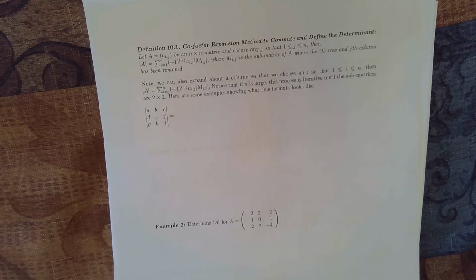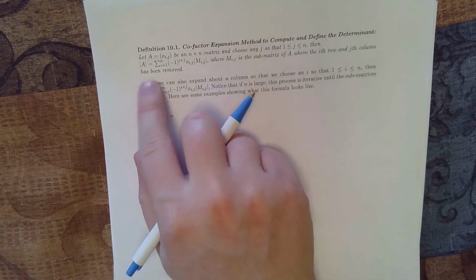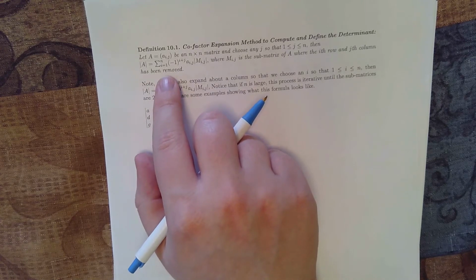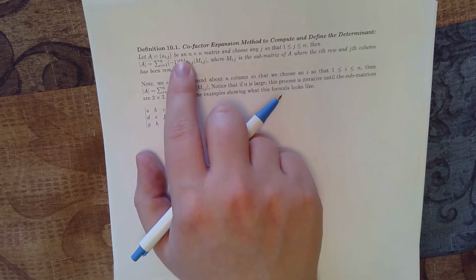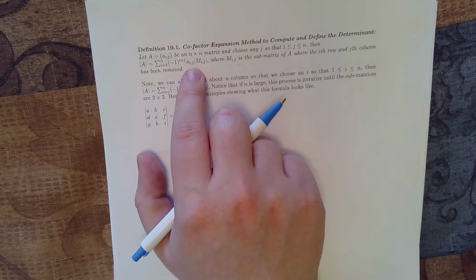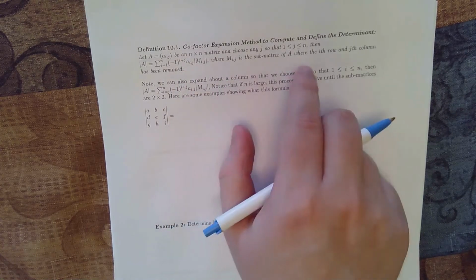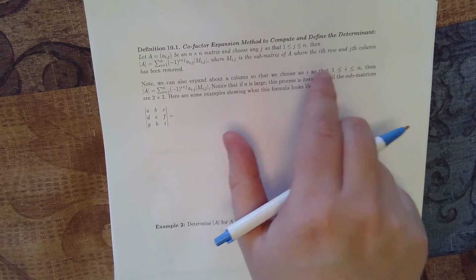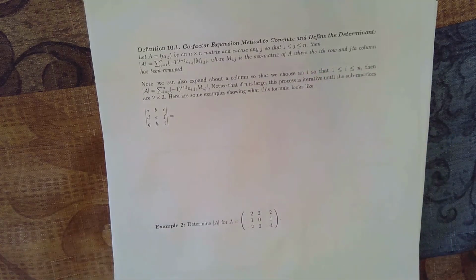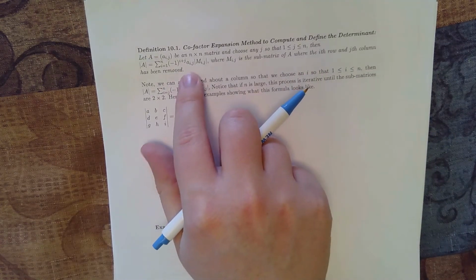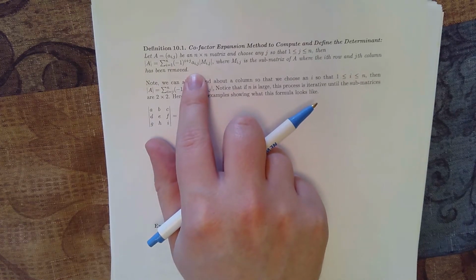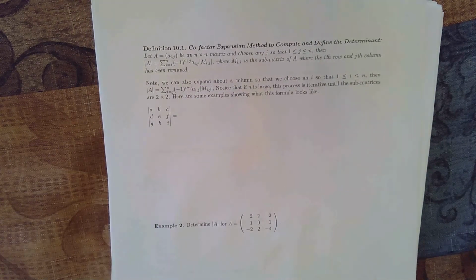What we're going to do is find the determinant by taking the summation of -1 to the i plus j times a_ij times the determinant of M_ij, where M_ij is the submatrix of A where the ith row and jth column have been removed. Formulaically, that seems like a mouthful, but what we're really doing is something a little easier.